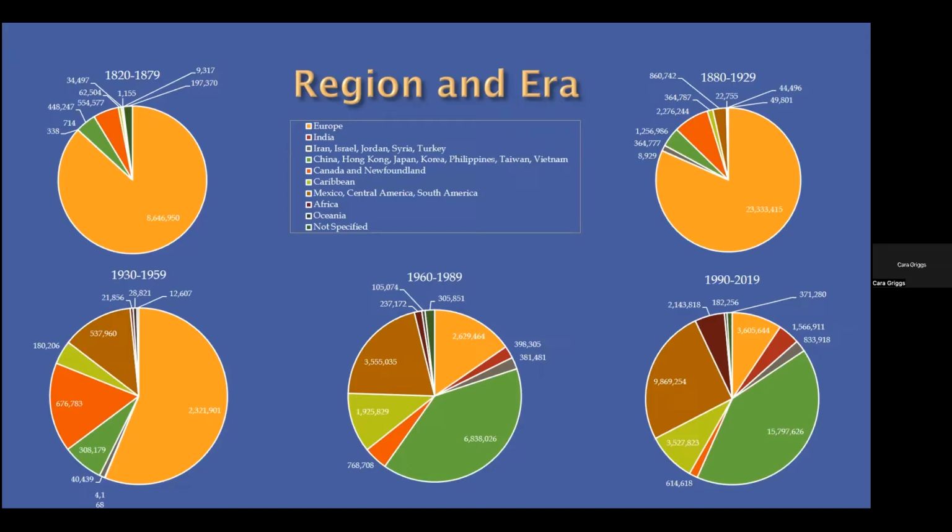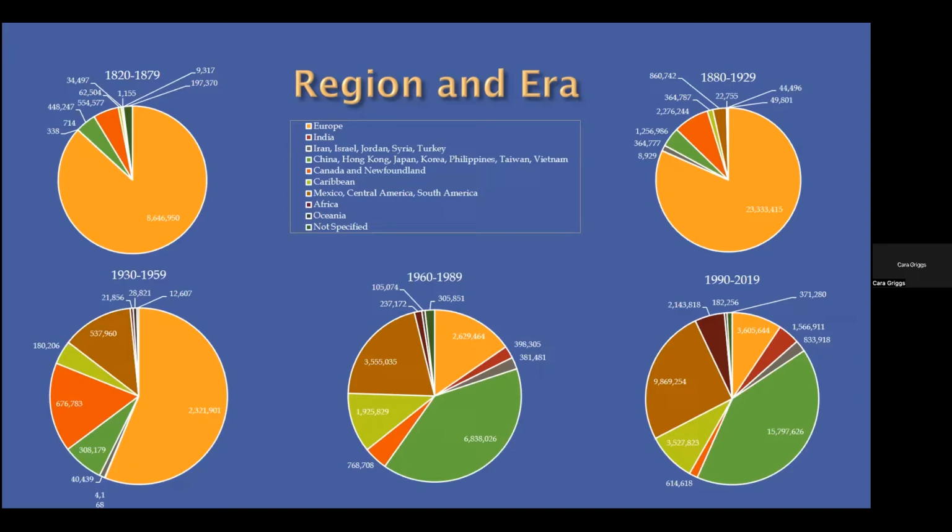In the 3 decades after 1930, Japan and the Philippines dominated. 1930 marked the beginning of the current trend of declining numbers from Europe and Canada and increasing numbers from Mexico, Central and South America, as well as Asia, and as more decades passed, Africa and Oceania.